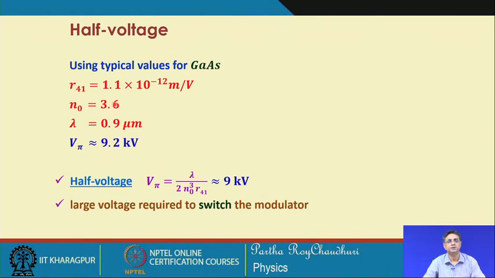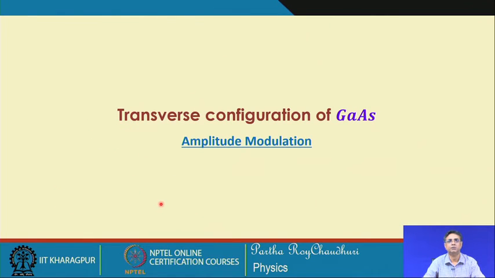So, there has been some improvement in switching from phase modulation to amplitude modulation, but the required voltage is still very high, of the order of 9 kilovolt. We will see if we can improve this design of the modulator so that the voltage required is much less.